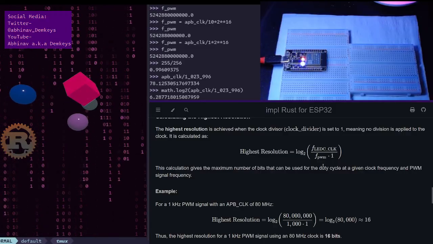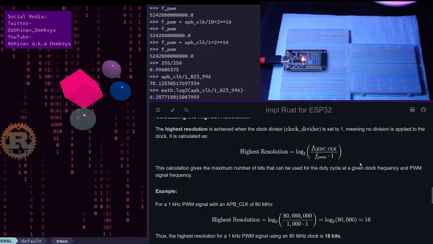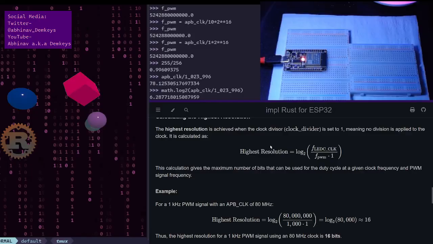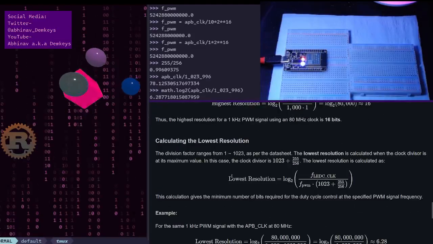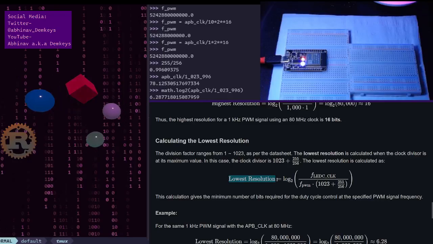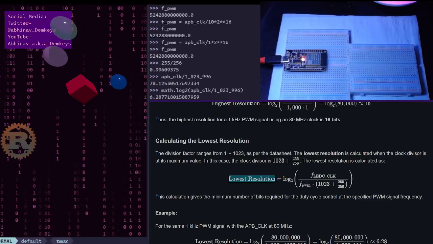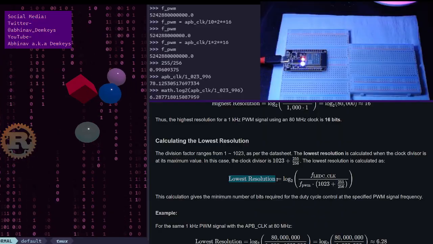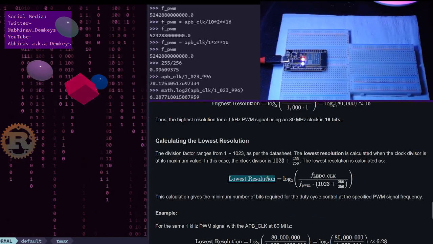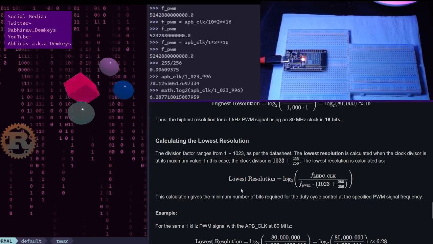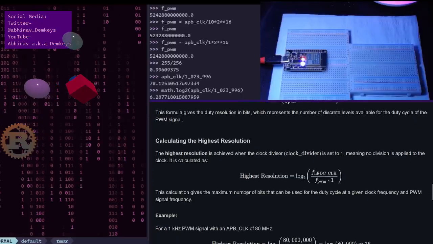So 80 million divided by 1 million, log 2 of that gives us the highest resolution. But then how is this formula giving us the lowest resolution? I'm kind of confused about the math being used here, or I probably haven't understood the meaning of lowest resolution and highest resolution.